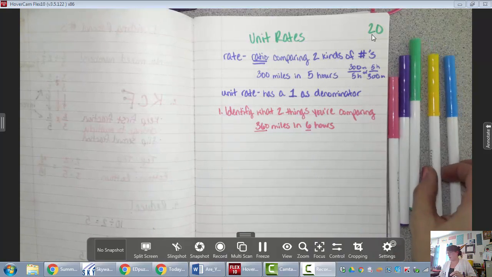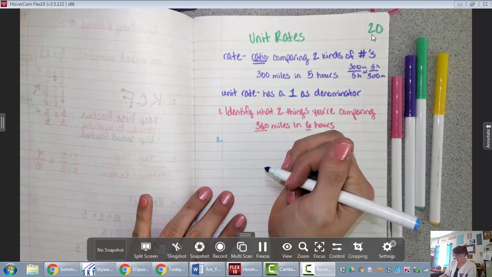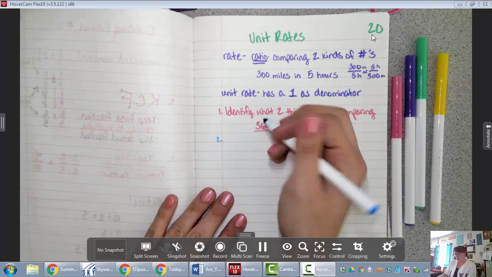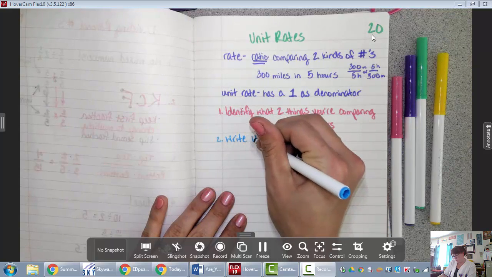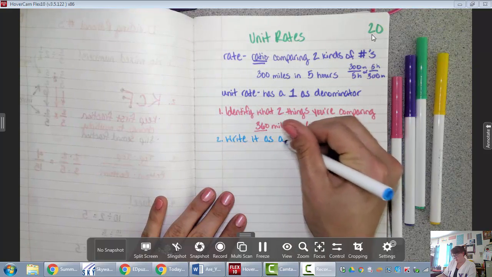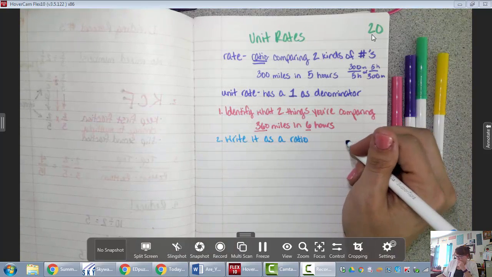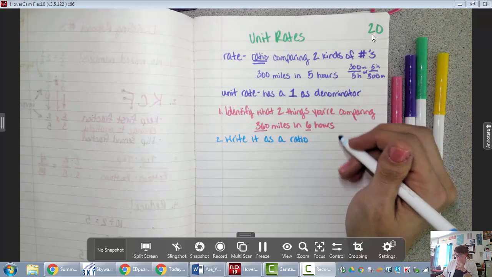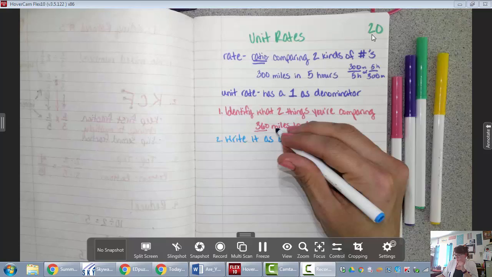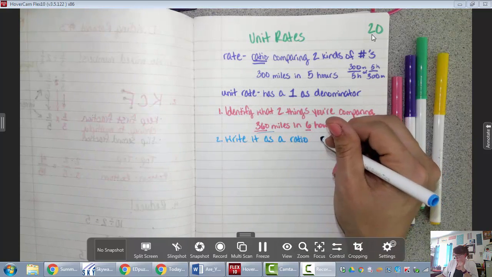Easy enough. Step 2. Write it as a ratio. First number goes on top. So this is the first. It becomes the numerator.